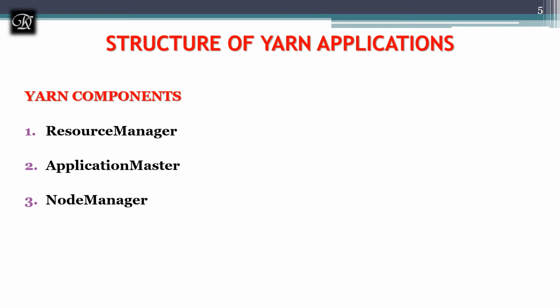The application runs in the first container allocated to it. Next we have the node manager. The node manager is a slave. When it starts, it announces itself to the resource manager and offers its resources to the cluster. So these three things make the Hadoop cluster work fine.